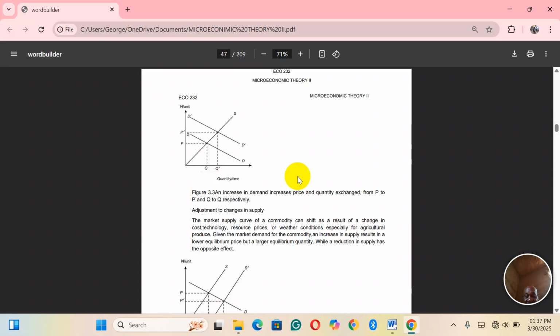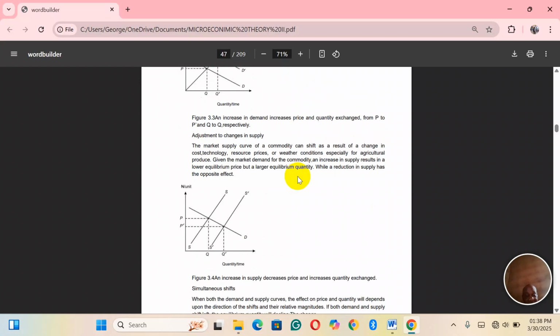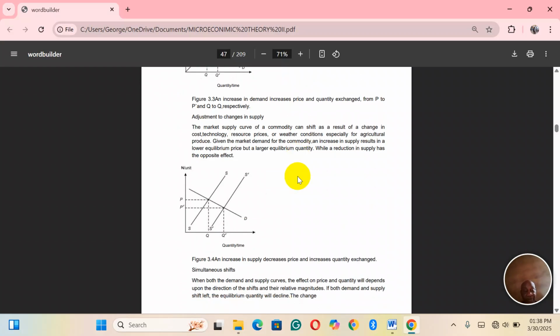Given the market demand for the commodity, an increase in supply results in a lower equilibrium price but a higher equilibrium quantity, while a reduction in supply has the opposite effect. We can see it there, the shift in supply. We say an increase in supply decreases price and increases quantity exchanged.